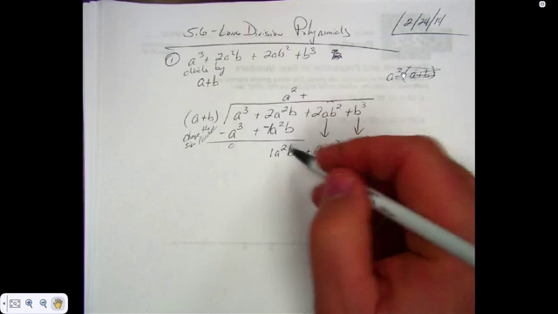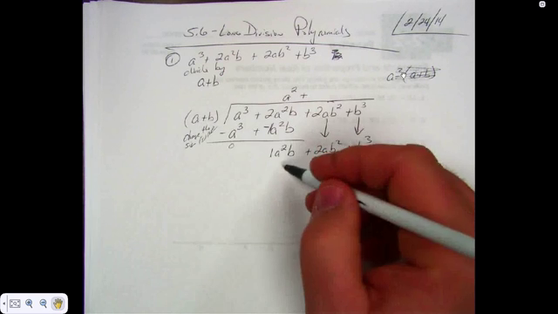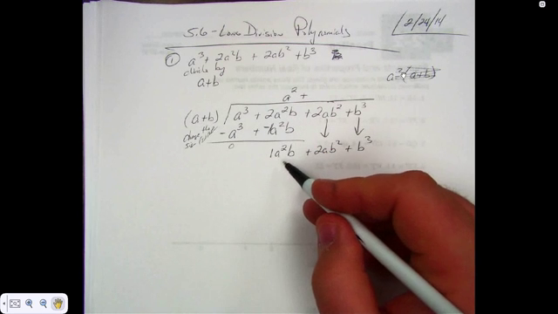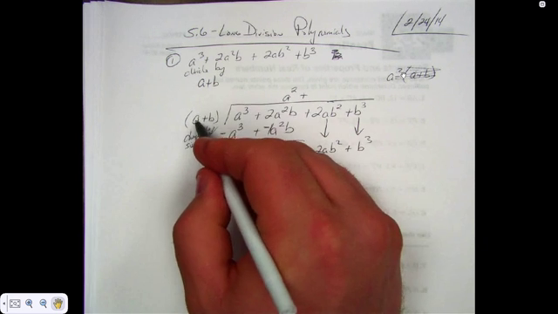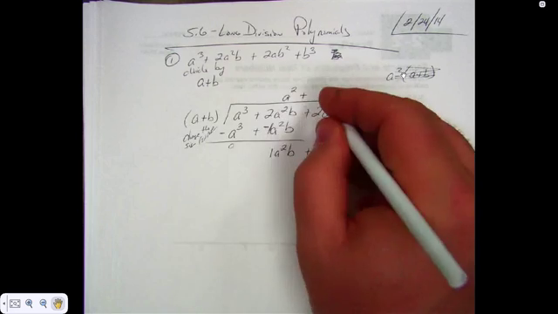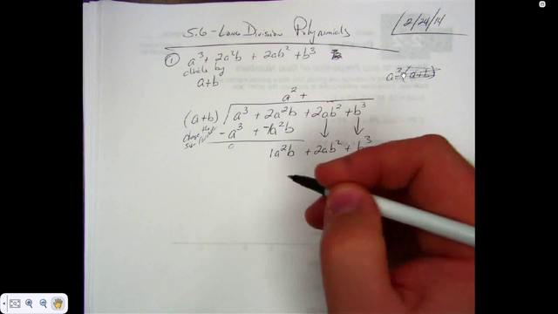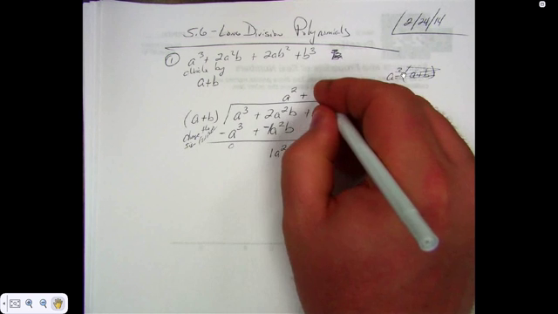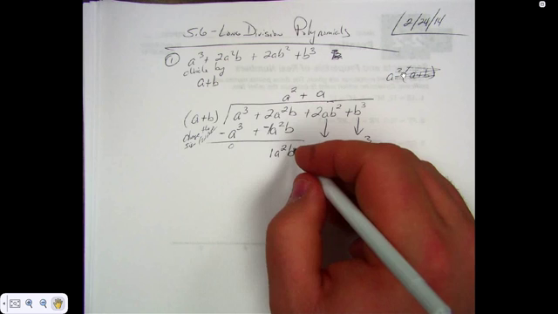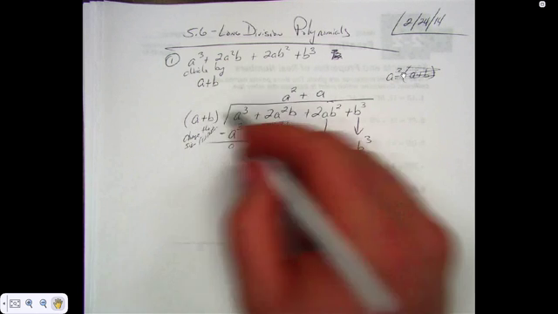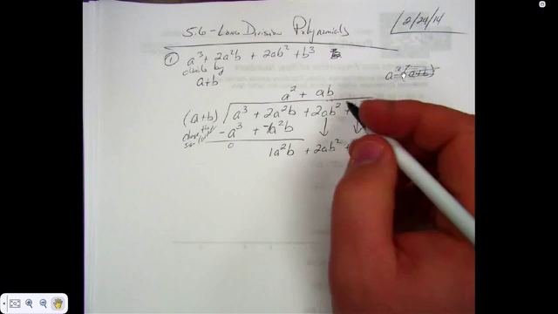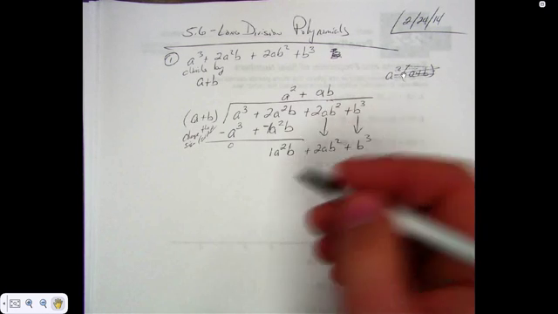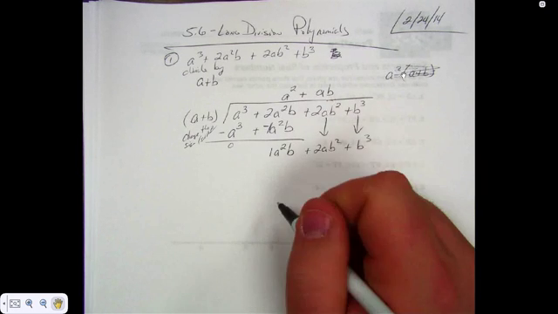What would I have to multiply a by to get 1a squared b? Well, a times what gives me a squared? A times what gives me b? B, right? And then 1 times 1 gives me 1, right? So that's what needs to go there.